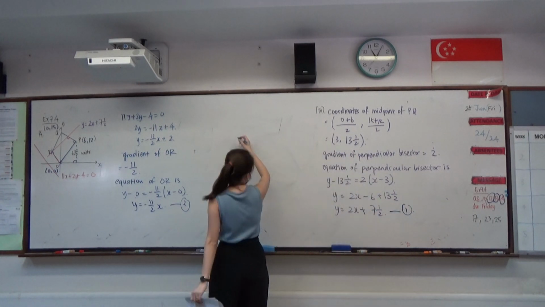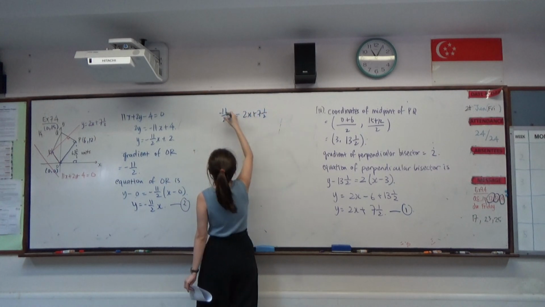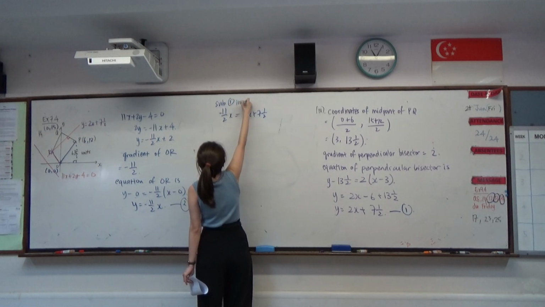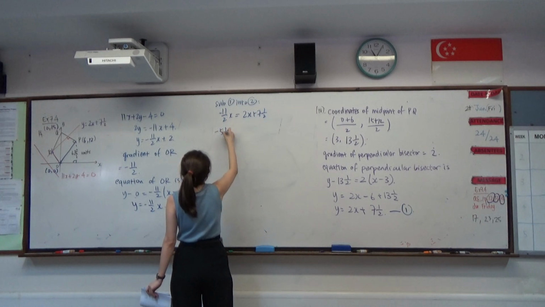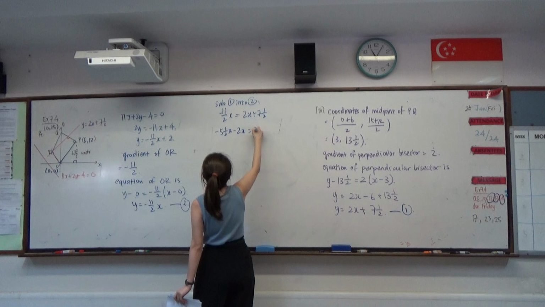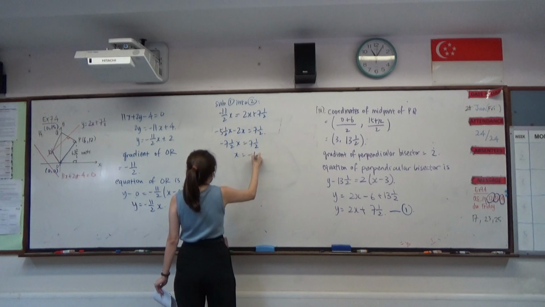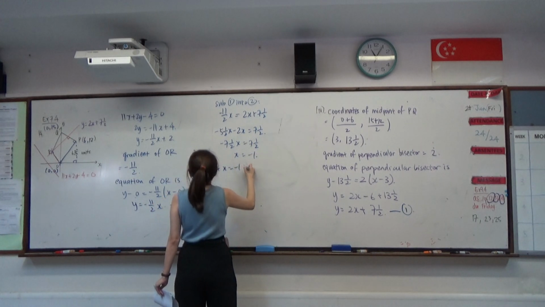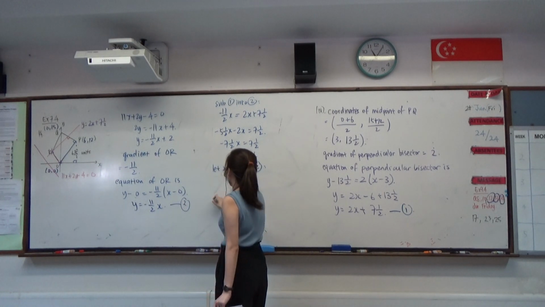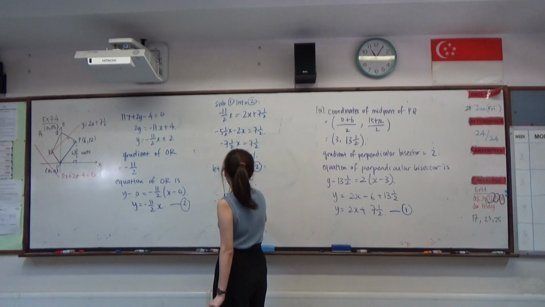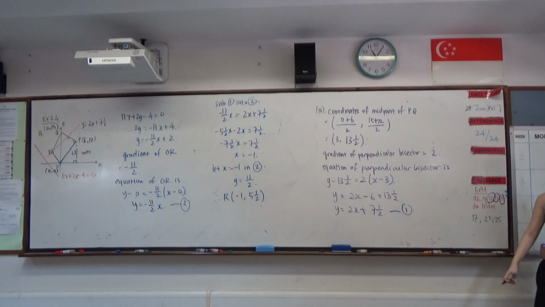We have negative 11 over 2 x equals 2x plus 7.5, so negative 5.5x minus 2x equals 7.5. Therefore, the coordinates of R will be (negative 1, 5.5).